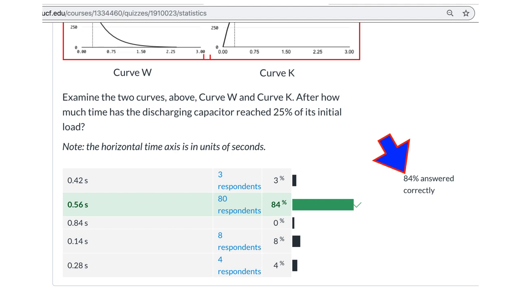So 84% got this one correct, but 3% got this answer and it's incorrect. Nobody chose this one. A few of you chose this one, 8 students, and then another 4 down here. Now the chances are that these students that didn't answer correctly also got a low grade on the exam.